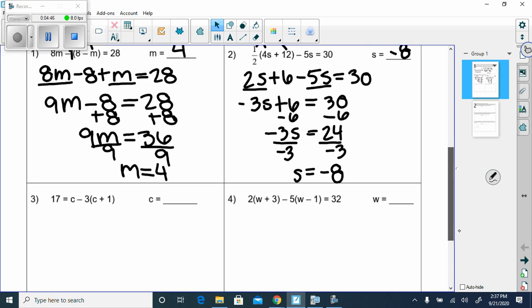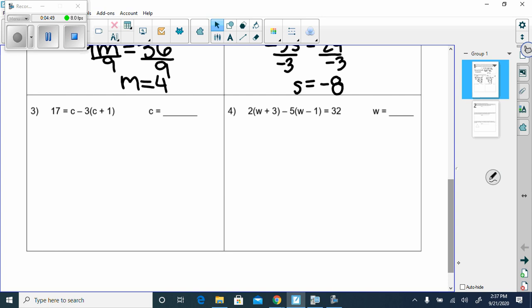All right. Then on number 3, what do I have to do first here? -3 times c and positive 3. All right, so we're going to distribute into the parentheses. So I'm going to have 17 equals c, and what? Okay, now what should I do? Combine my terms. Okay, so I've got c and negative 3c, which is going to give me negative 2c.